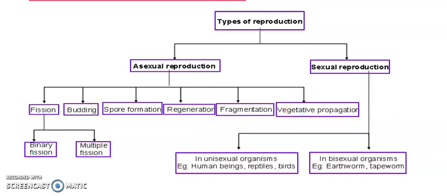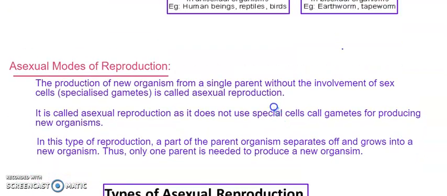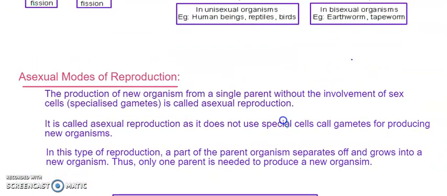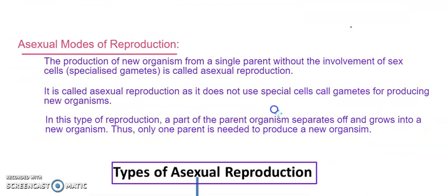Clear? So before we start, what is asexual reproduction? Asexual reproduction is the production of a new organism from a single parent and without the involvement of a sexual cell or a special gamete.